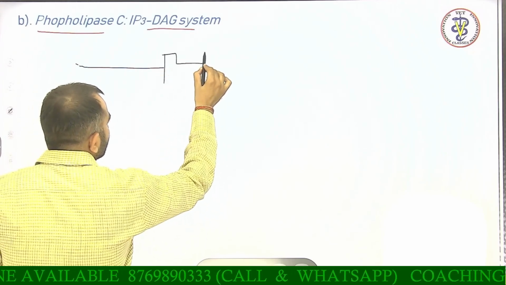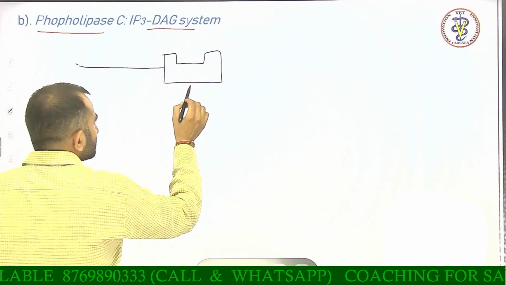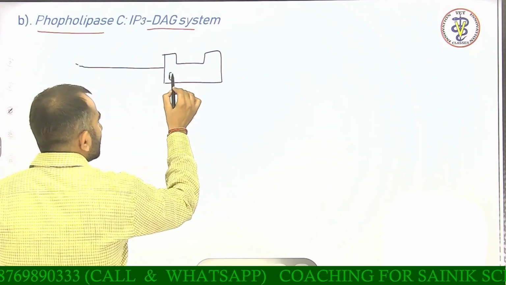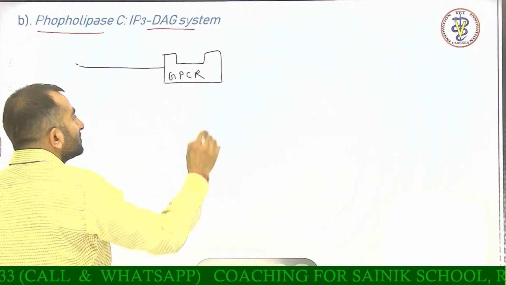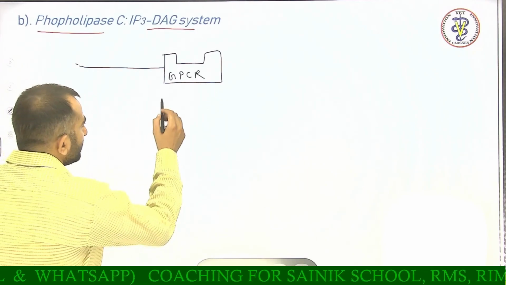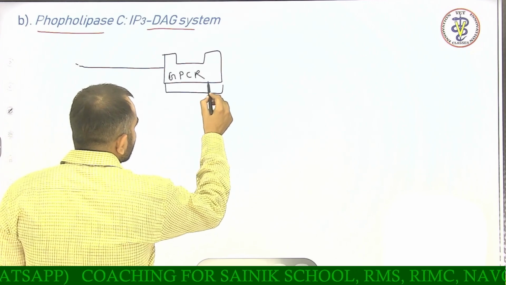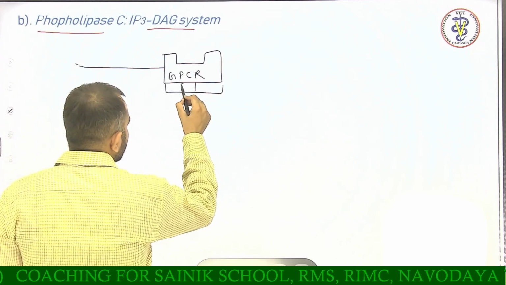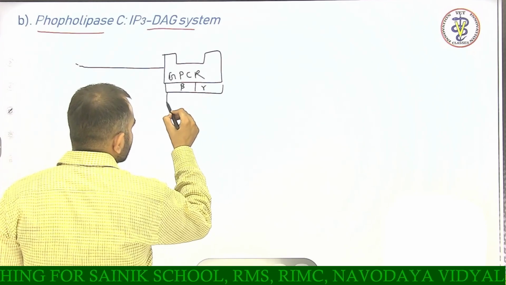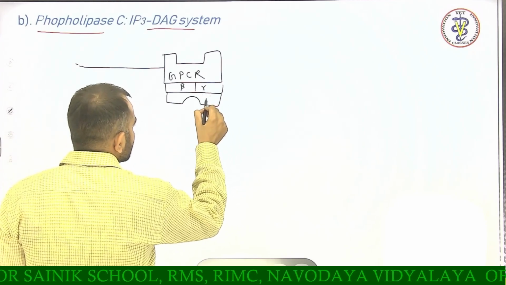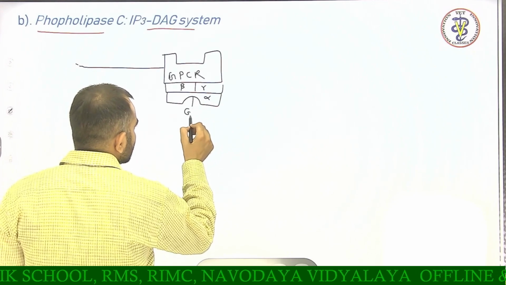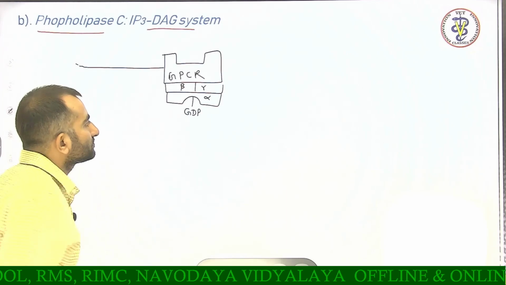We can understand with the help of this diagram. This is our GPCR. GPCR means G protein coupled receptor, in which 3 subunits are attached: beta, gamma and alpha, and at the alpha side GDP is attached.